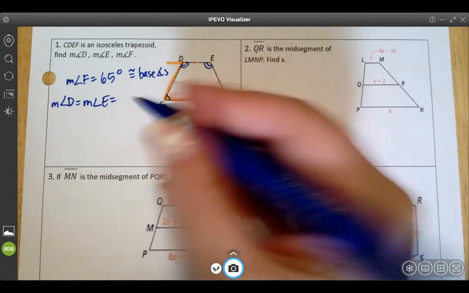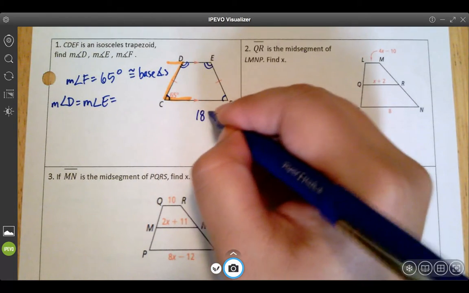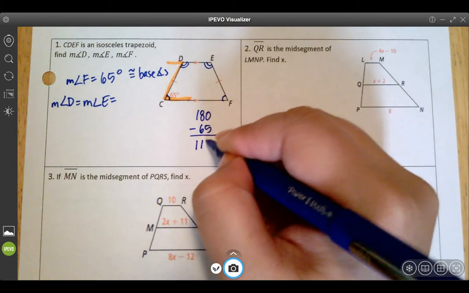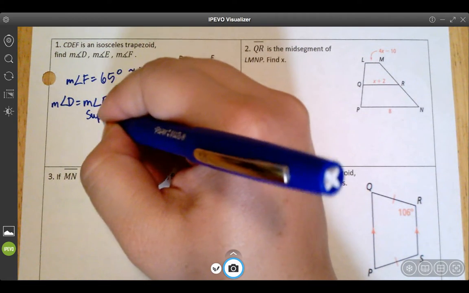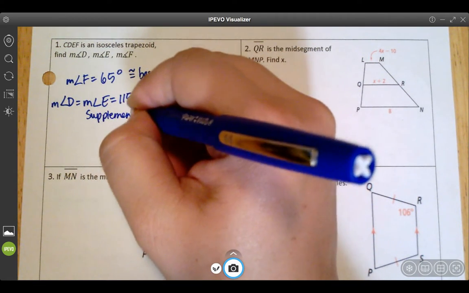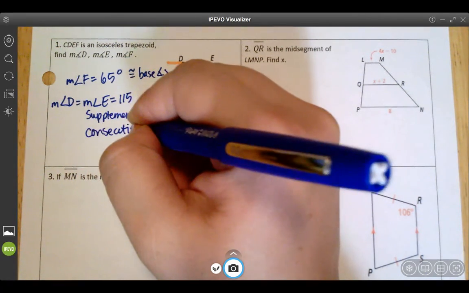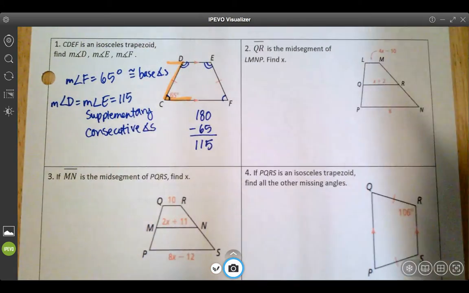And that means that angle C plus angle D must be 180. So 180 minus 65 will give me angle D. That's 115. Supplementary consecutive angles.